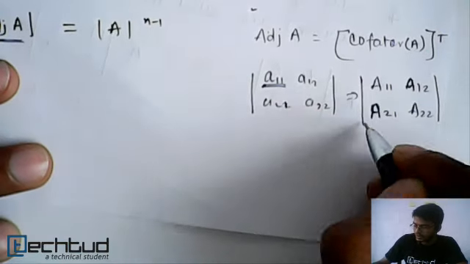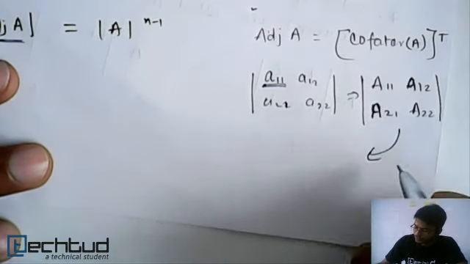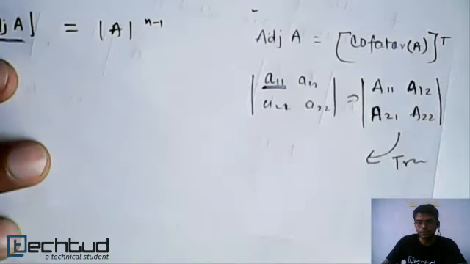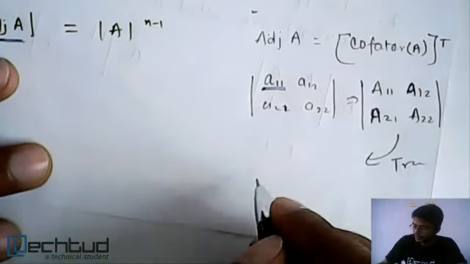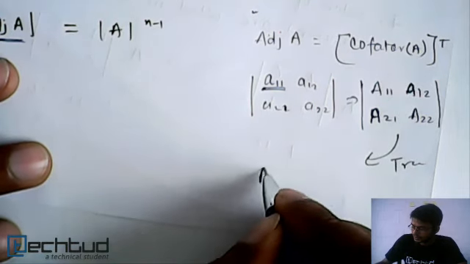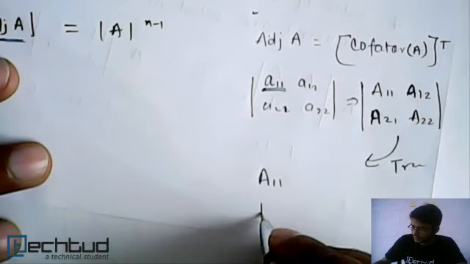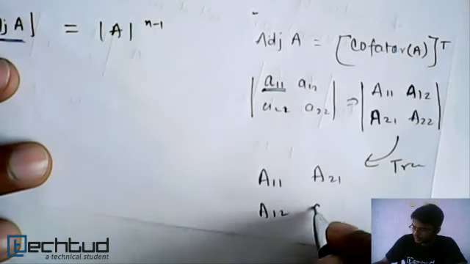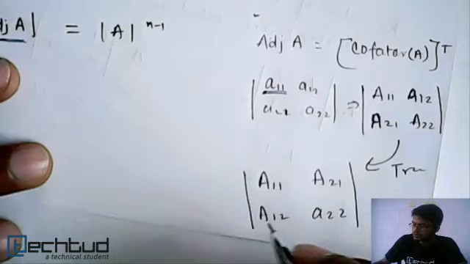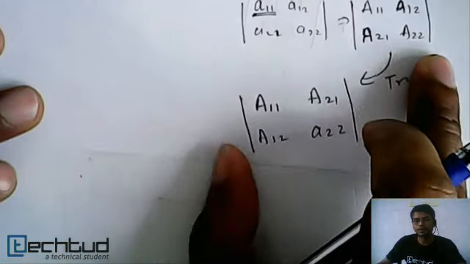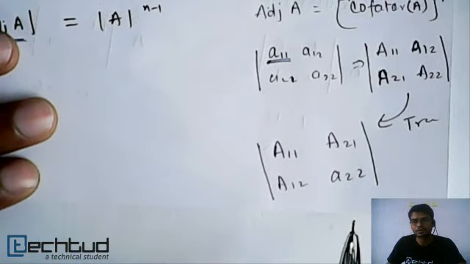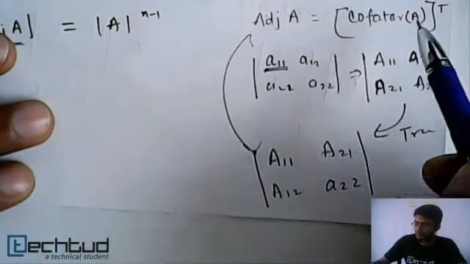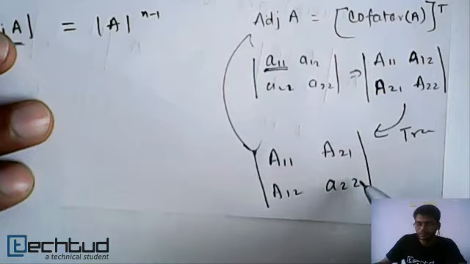Then you find the transpose of it, which means you exchange the rows and columns, giving A11, A21, A12, A22. This is the adjoint. First you find the cofactors and then the transpose.